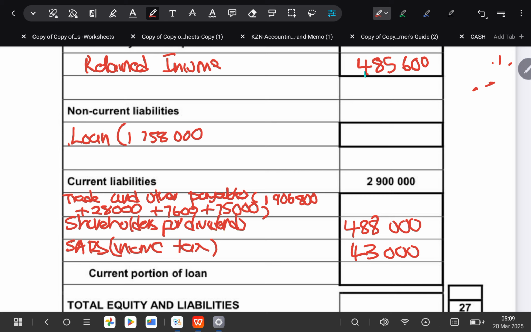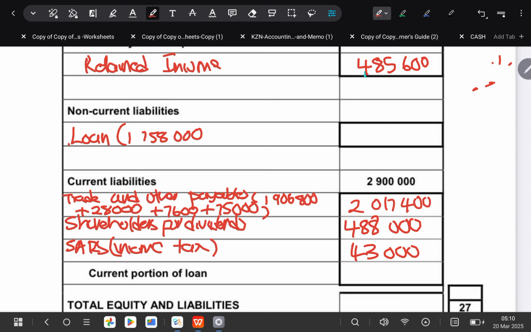So let's see. When you say 1,906,800 plus 28,000, and then you also say plus 7.6, plus 75,000 is going to give you 2,017,400.